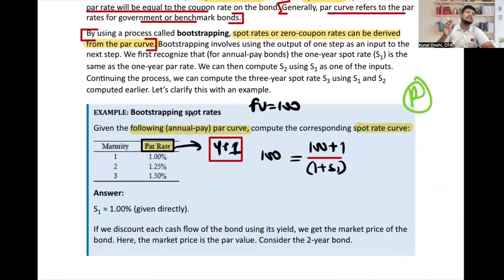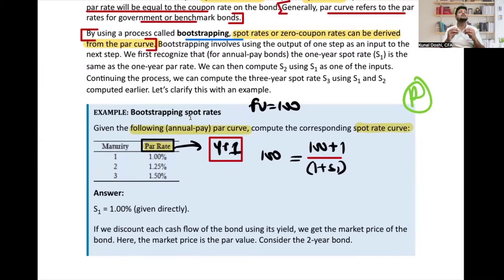Remember, par rates are the rates of a bond trading at par, meaning its yield and coupon are the same, right? So very important is how to do the bootstrapping, because that is the basic concept throughout the fixed income syllabus.